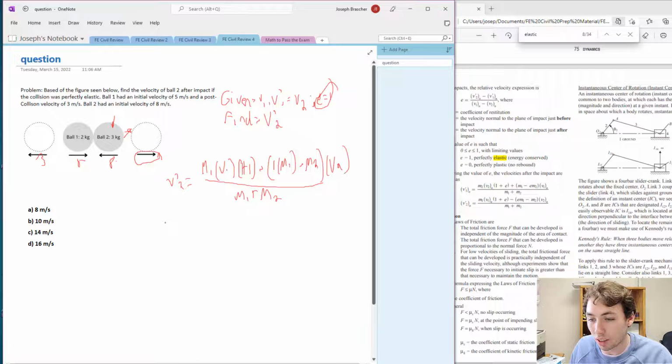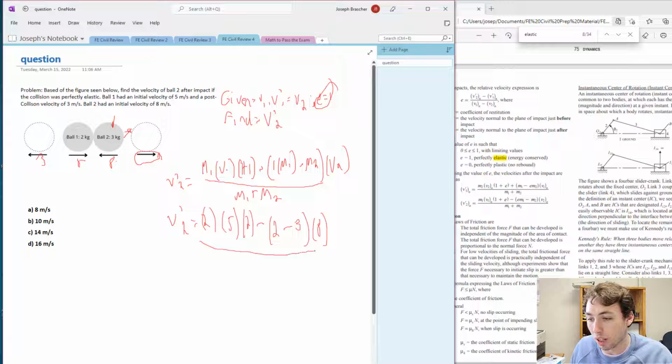So let's fill in all the values given again. So you get V prime of 2. The mass of ball 1 was 2 kilograms. V1 had a velocity of 5, times 2 because it's 1 plus 1, minus 1 times M1, which had a mass of 2 kilograms, minus M2, which was 3, all times V2, which was 8, over the mass of both balls, over 5.